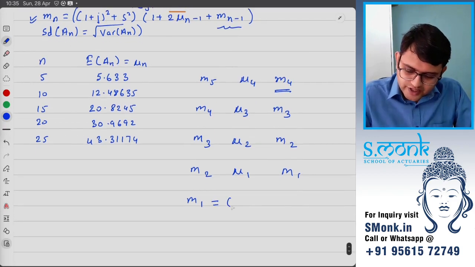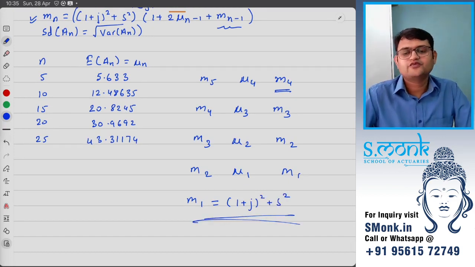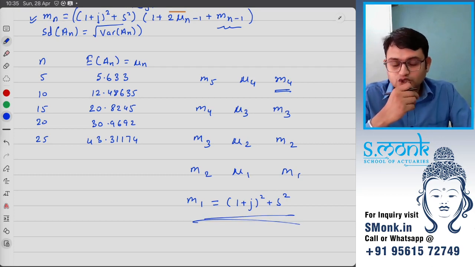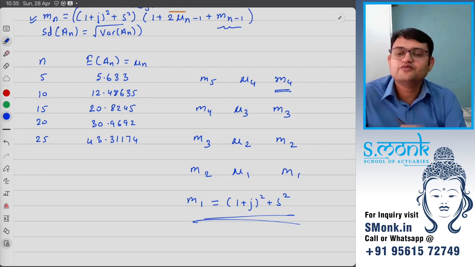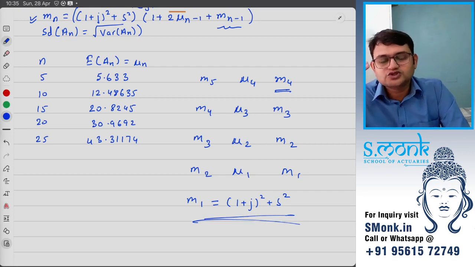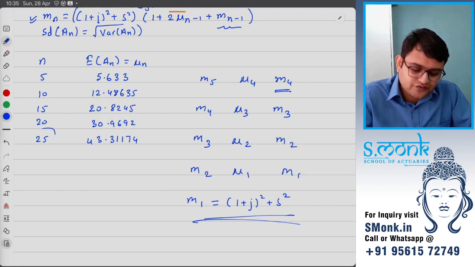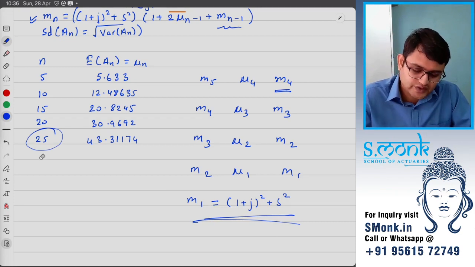So we'll just get 1 plus j square plus s square, that is m1. So to calculate m5, you will require m4, m3, m2, m1. Similarly, for mu you also need all values. So you can imagine for calculating 25, you will require all of those values as well.